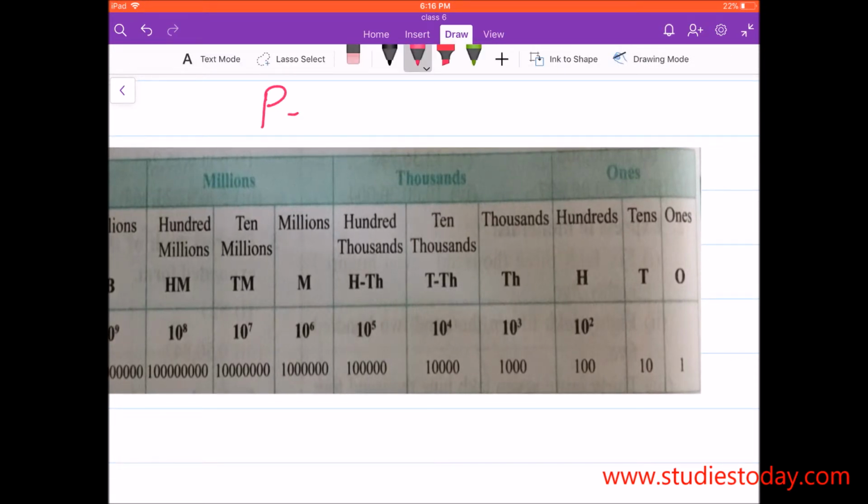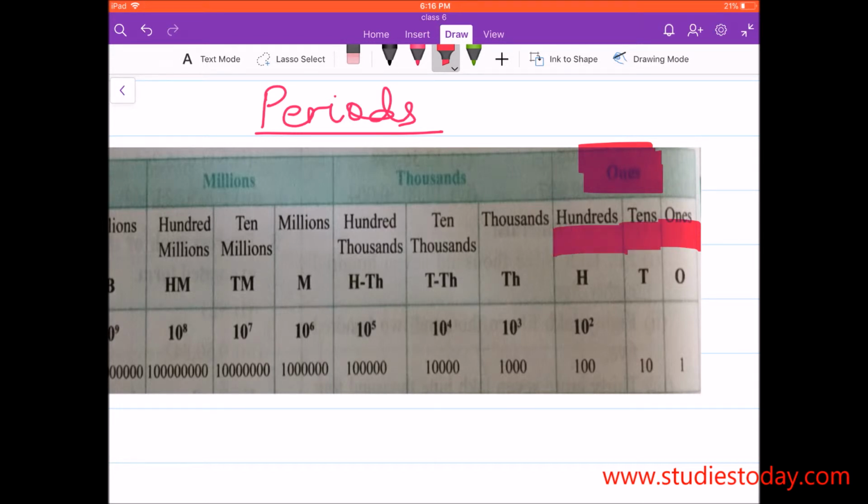These are the periods. In the International System of Numeration, we have the first period as the ones period. Under ones, we have ones, tens and hundreds, which is the same as the Indian system.